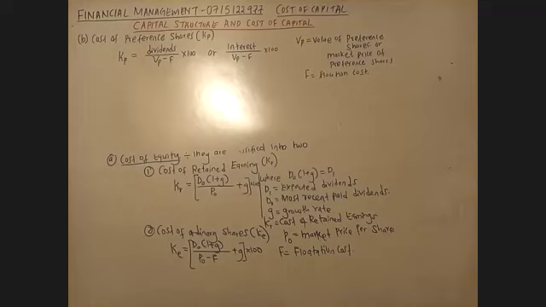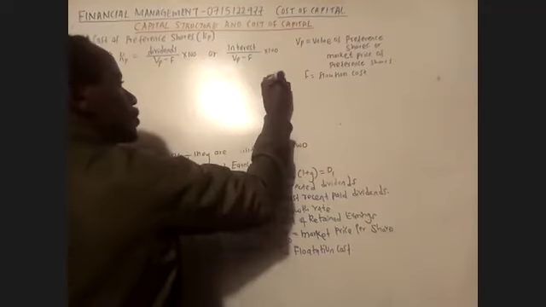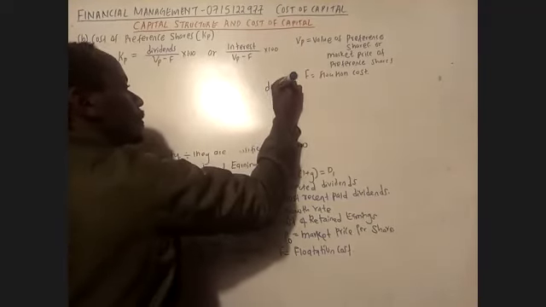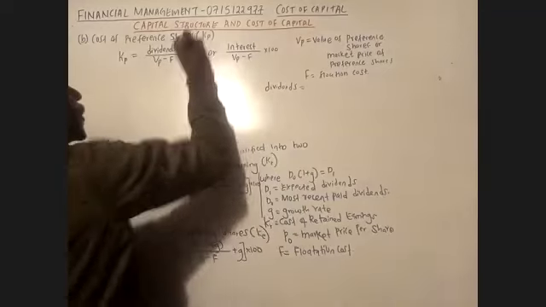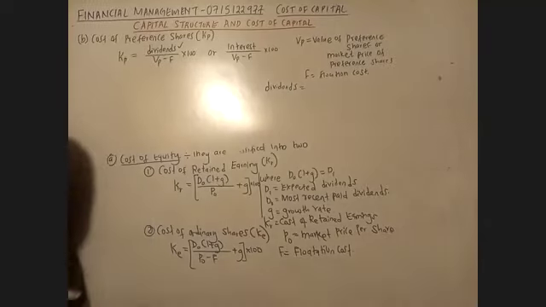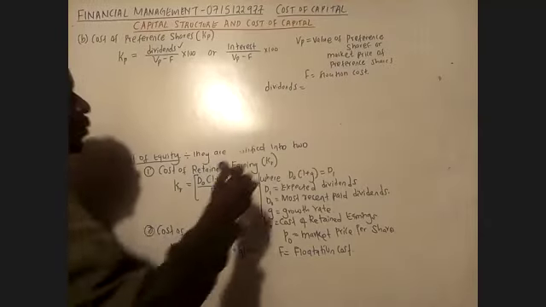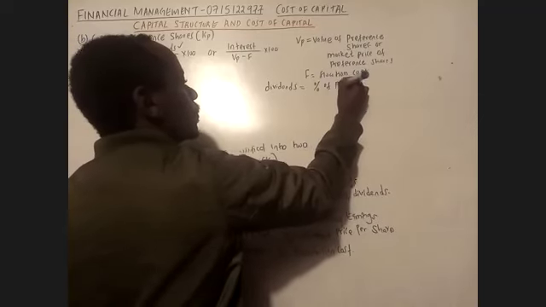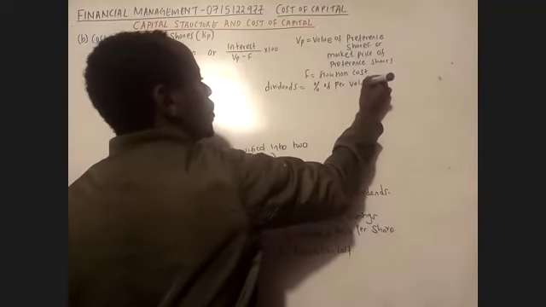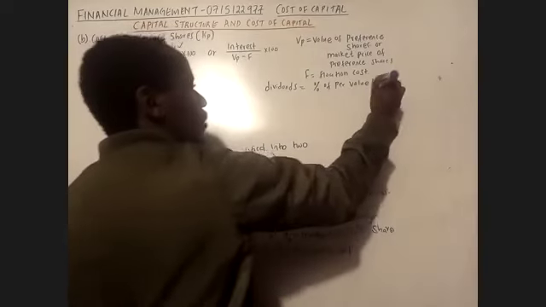Now, how do you get the dividends? This is how you compute the dividends. If the question deals with dividends, the dividends will be equal to the percentage of par value. Other people call it the nominal value.